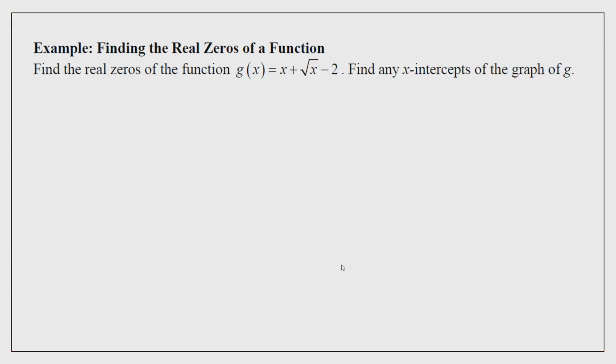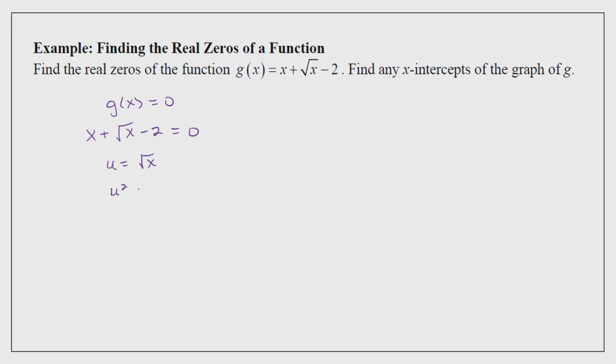All right, our next equation. Find the real zeros of the function g of x equals x plus the square root of x minus 2, and then find the x-intercepts of the graph of g. So we'll set g of x equal to 0. So that means x plus the square root of x minus 2 equals 0. So u is going to equal the square root of x.